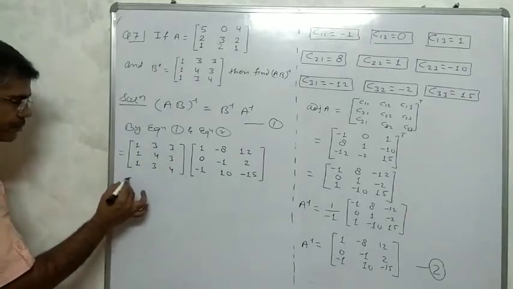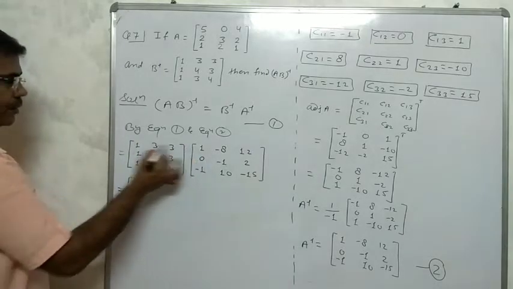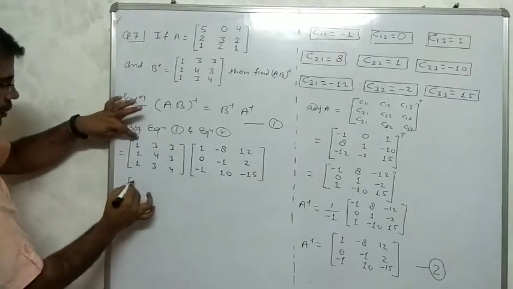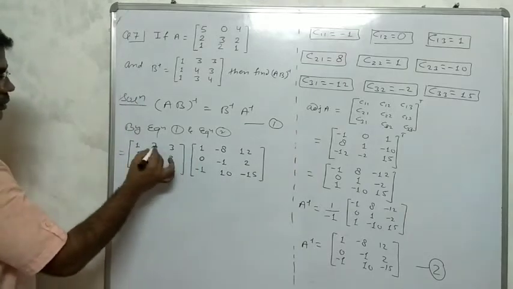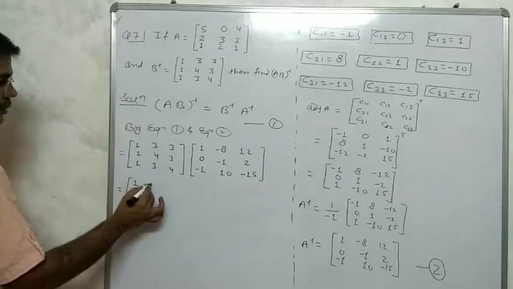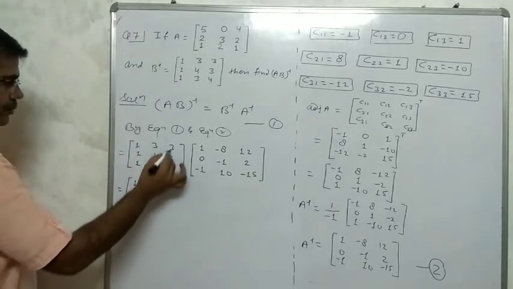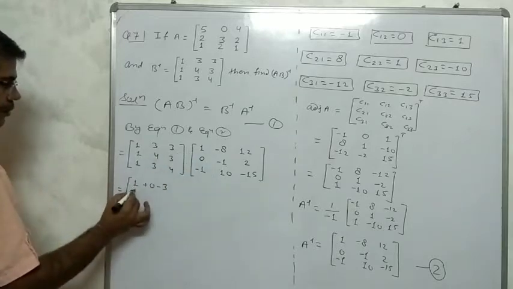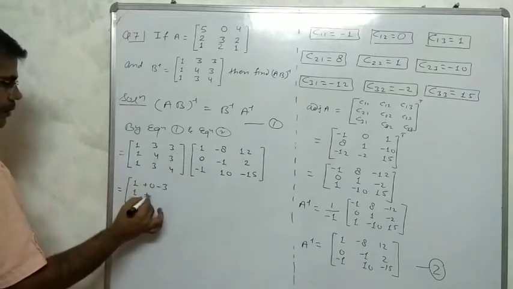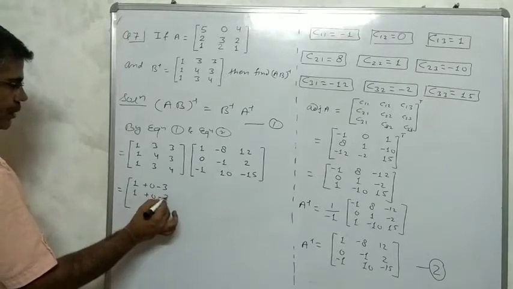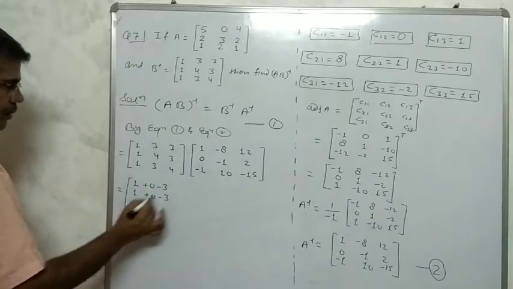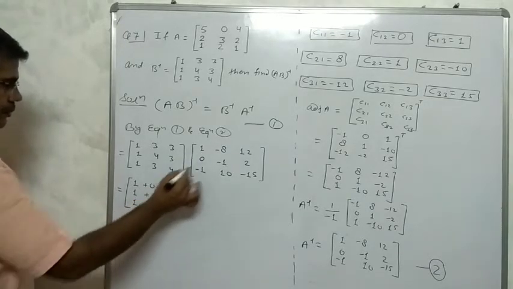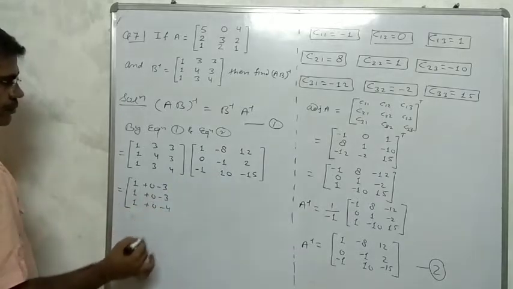We have 1 into 1, 1; 0 into 3, 0; minus 1 into 3, minus 3; 1 plus 0 minus 3, minus 2.